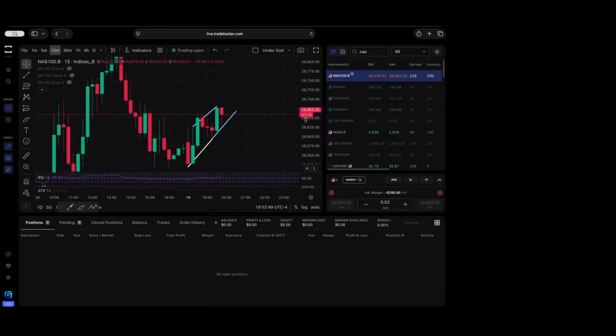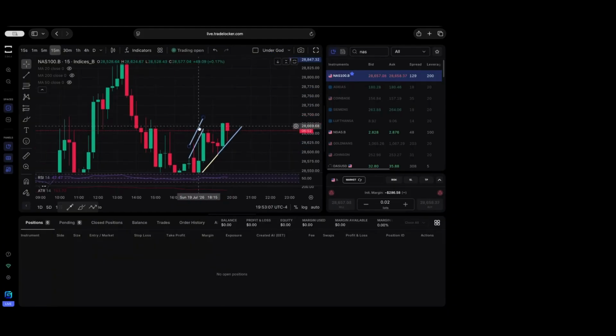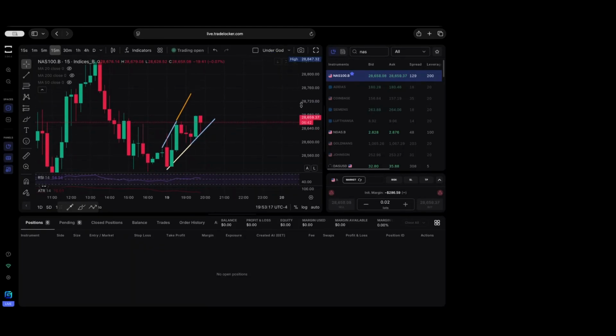Which we still have 7 minutes in this candle, so we could technically make another high here. So I'm going to go back a high here. I'm going to go to this high and then to that high. And then I'm going to clone that here. All right. And then I'm going to make this a different color.